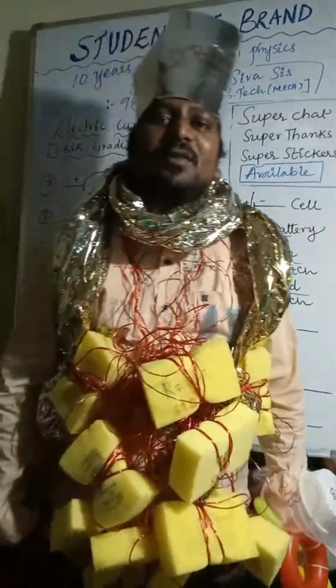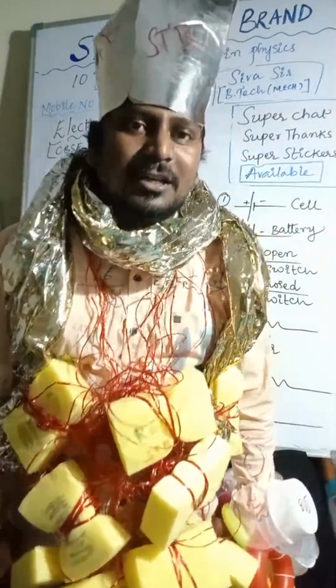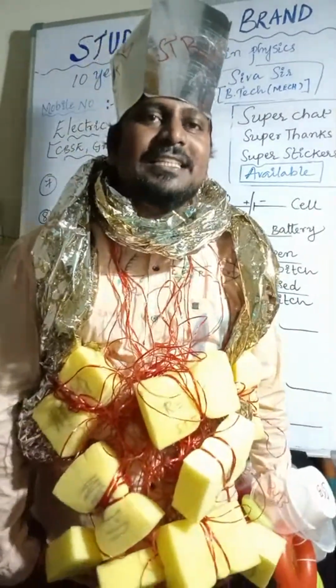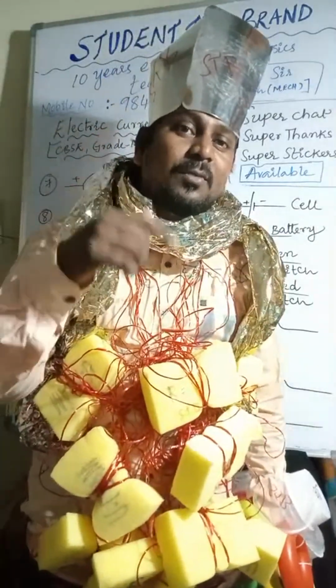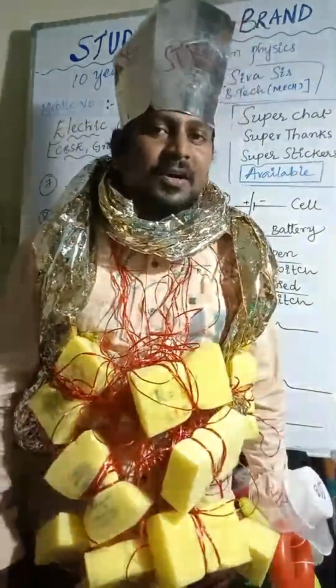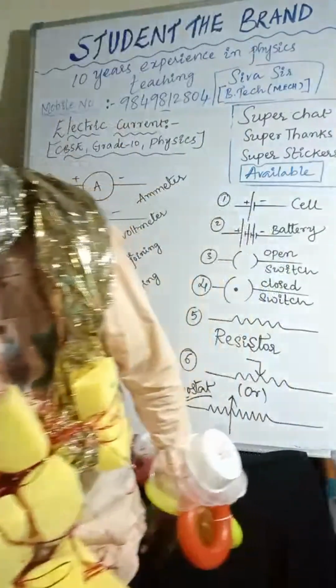Electrons will move from negative terminal to positive terminal. Yes or no? Positive charges will move from high potential to low potential, whereas electrons will move from low potential to high potential. Now we will go to one more.